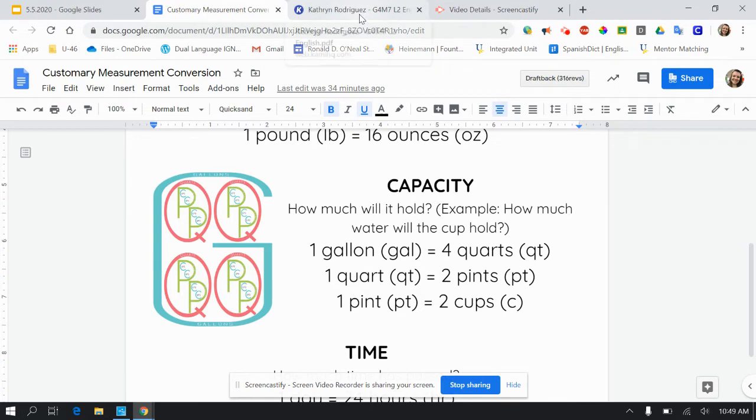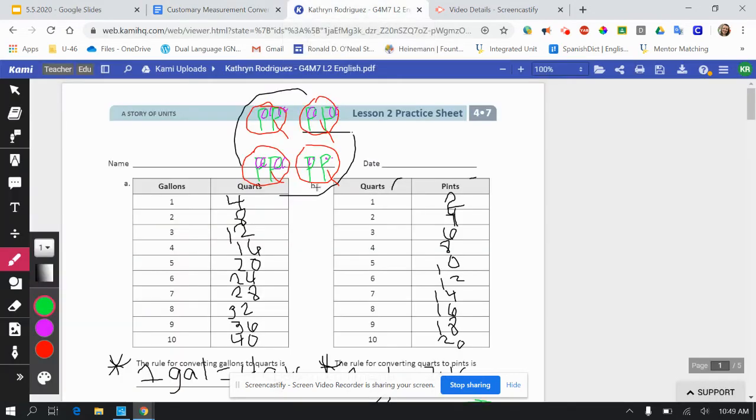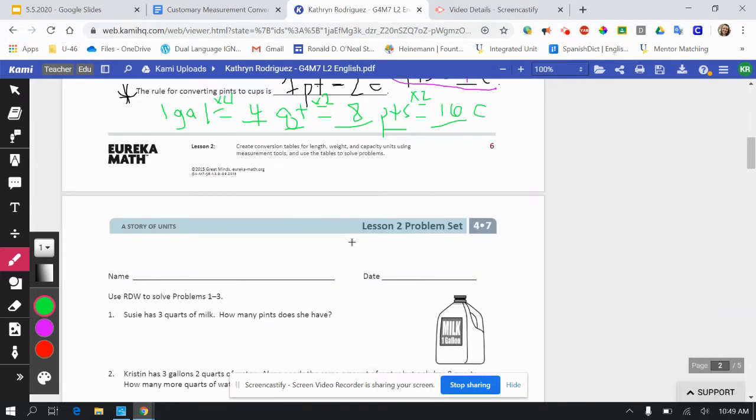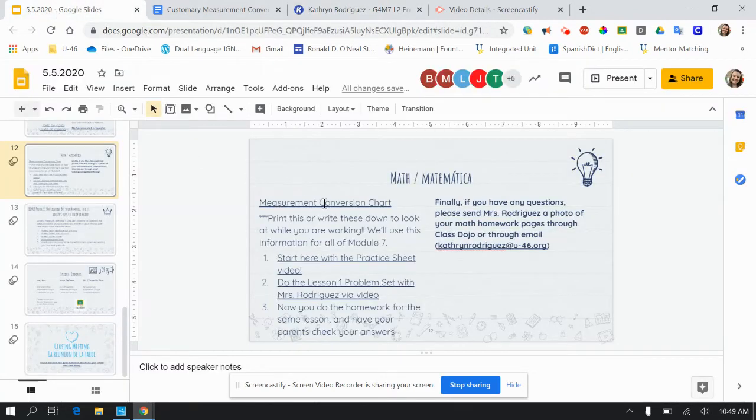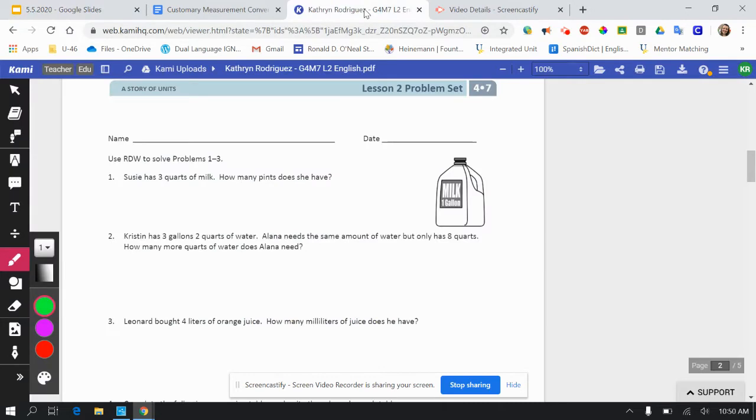If you need to still do the practice sheet video, please go back and do that video before you come and get started on the problem set video with us. So again, please follow these steps. You have your chart, your practice video, and then the problem set video. At this time, we will get started on lesson 2, problem set. So if you are not there yet, please go there in your Module 7 workbook.